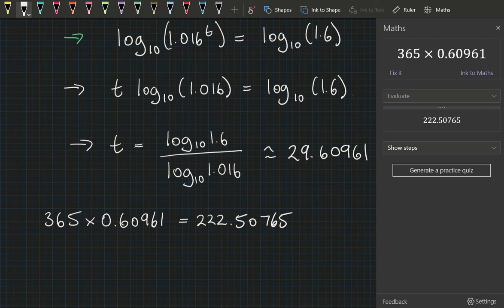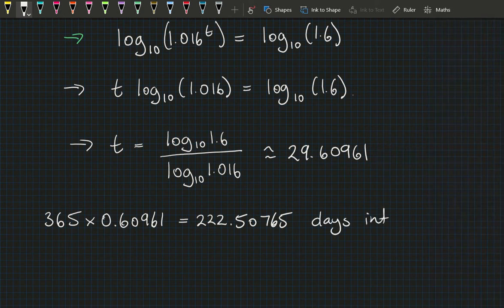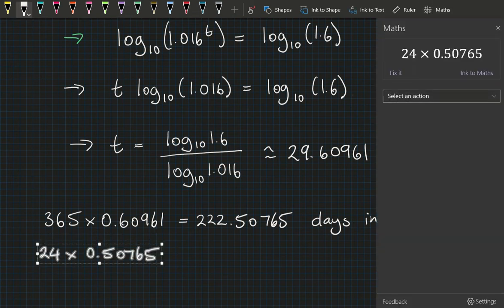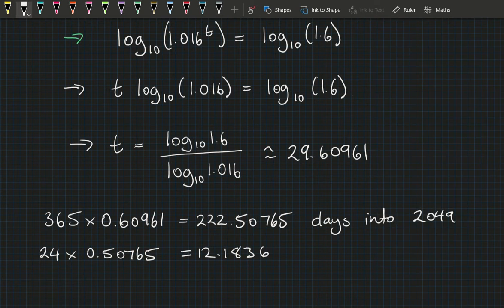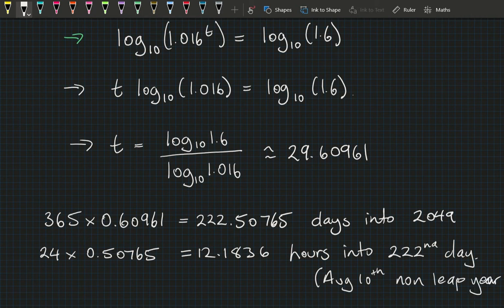So it would be that many days into the year 2049. And there's 24 hours in a day. So 24 times 0.50765 is 12.1836. So it'll be that many hours into the 222nd day. And I've just quickly looked that up. The 222nd day will be August the 10th on a non-leap year.